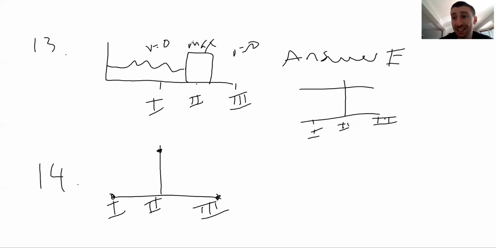But if you look at D, the velocity decelerates and accelerates at a changing rate, because that's how you get the curve. And that's what's going to happen with that spring. Like we said, as you get close to equilibrium, the force gets less, so acceleration gets less. That's why it has to be that one. So our answer.